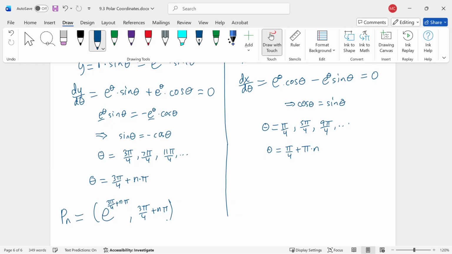So there's a different point for every n value where this curve will have a horizontal tangent line. And similarly, Pn for the vertical tangent lines will be e^(π/4 + πn), and π/4 + πn.